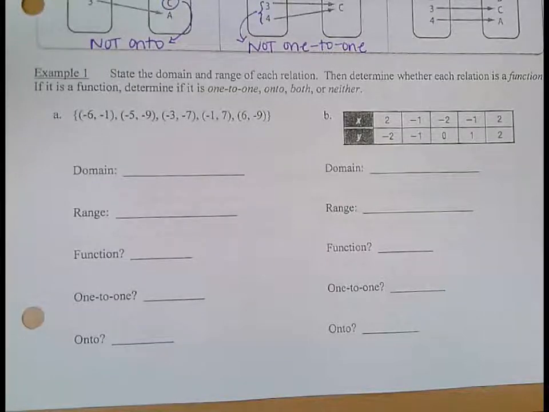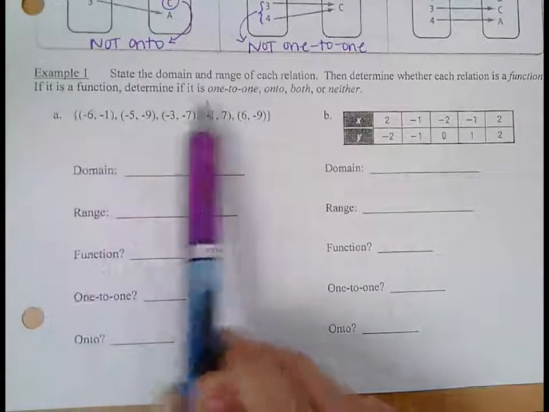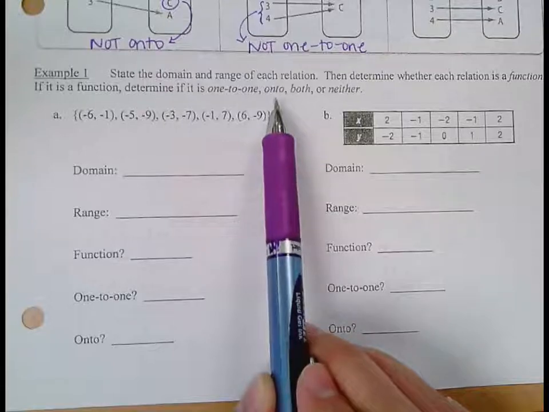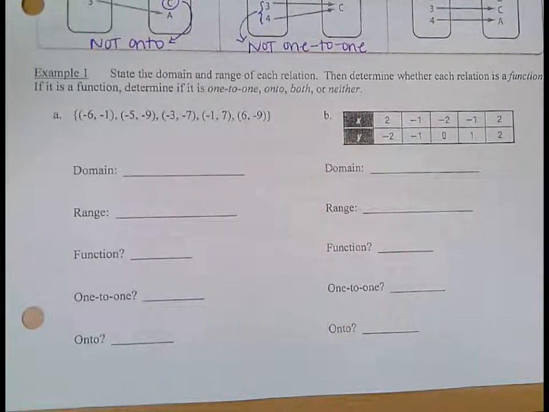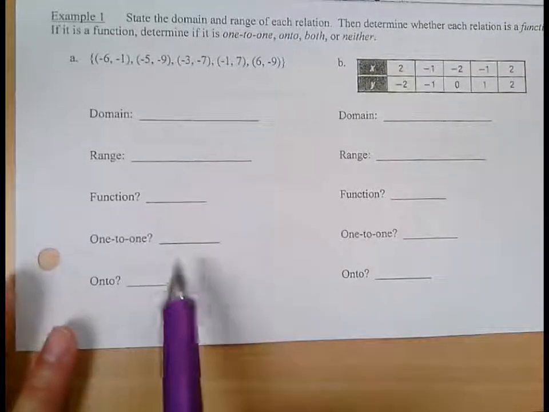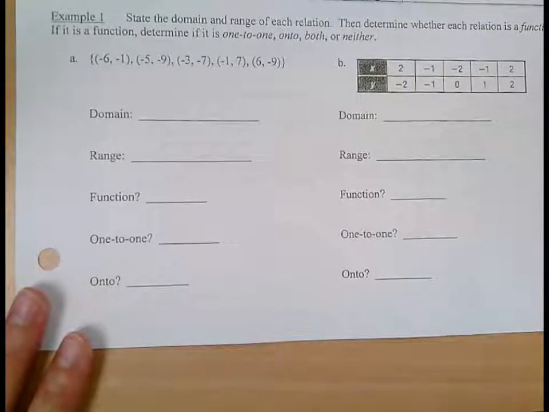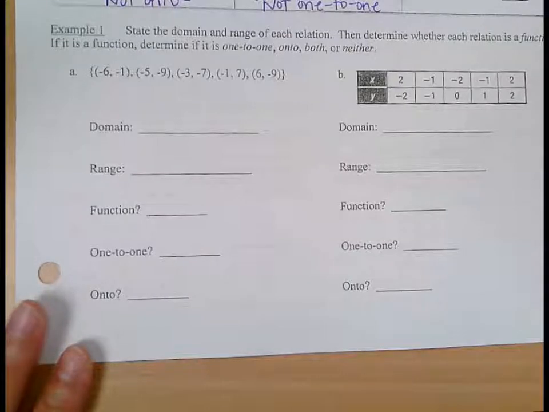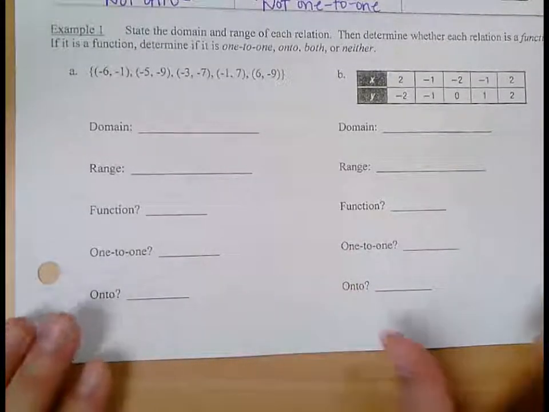So we're going to state the domain and range of each relation and then determine is it a function, and then if it is a function, determine if it's one-to-one, onto, both, or neither. Basically, you're just saying is it one-to-one, yes or no, is it onto, yes or no. So you don't have to then say it's both or it's neither. You're just saying yes or no for each one.